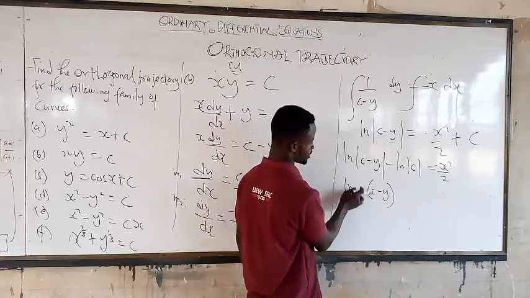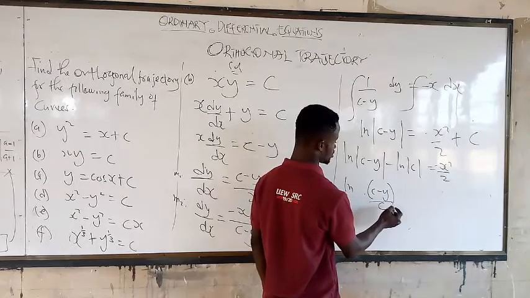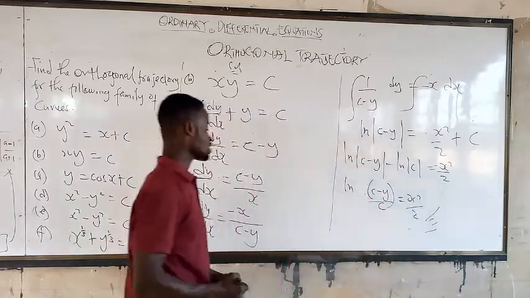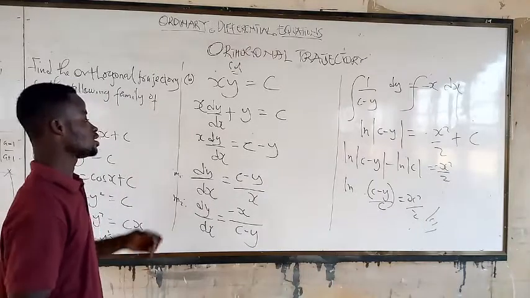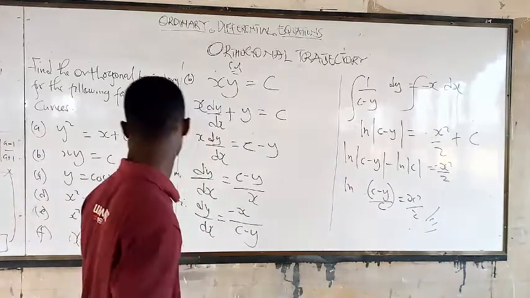It will even divide. C is equal to x squared over 2. So that will be the final answer for that. All that we are saying is that take the derivative, take the negative reciprocal, and resolve by separable differential equation. Alright.